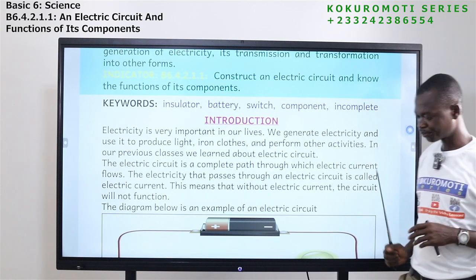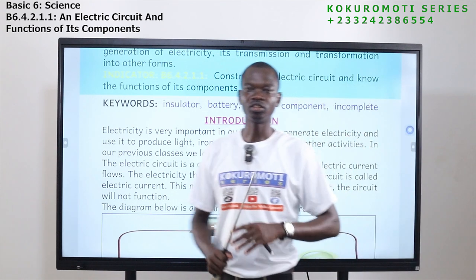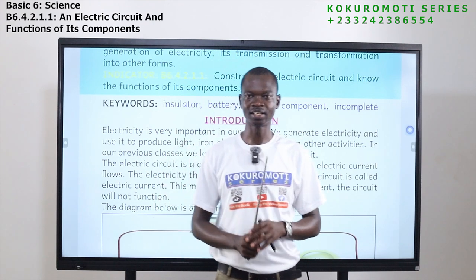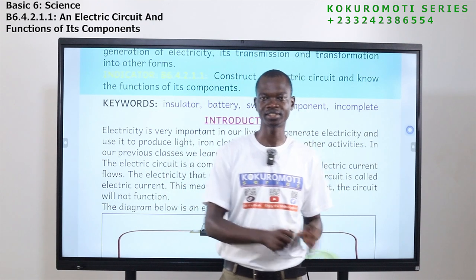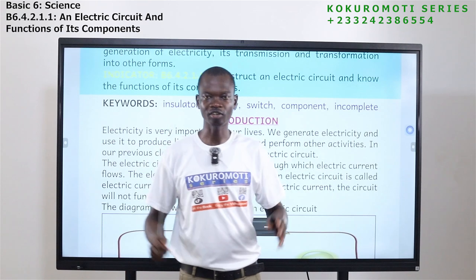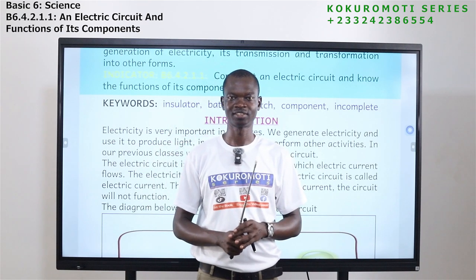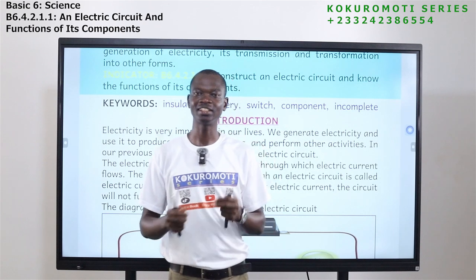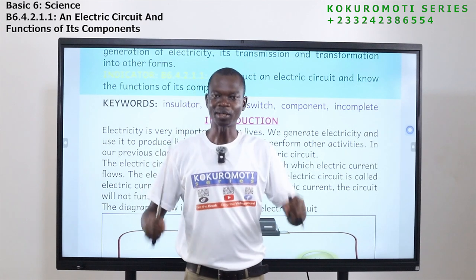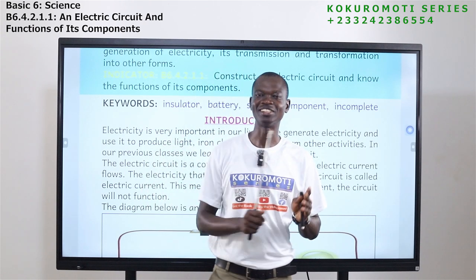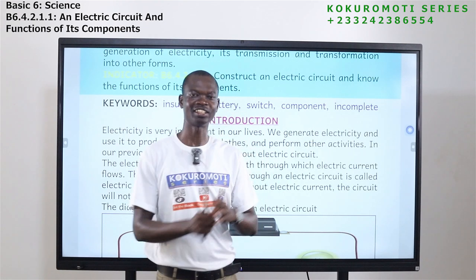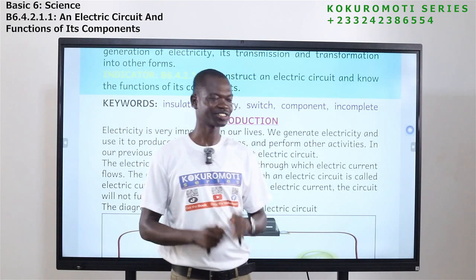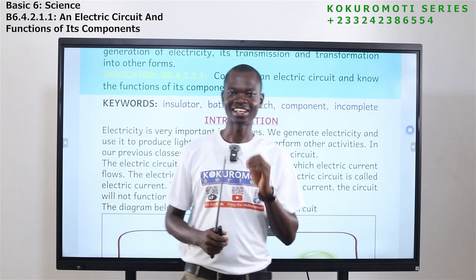If you arrange all the parts of an electric circuit and they are all connected, we say the circuit is complete. But if all the parts are not connected, we say it is incomplete. Okay, so let's move on and see.